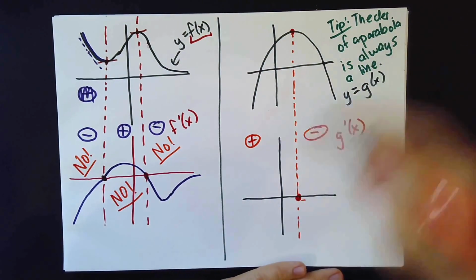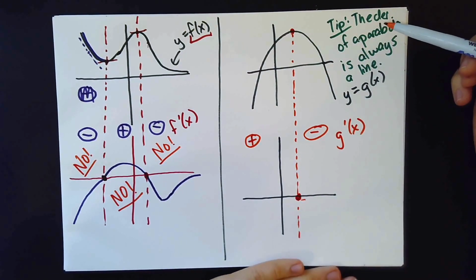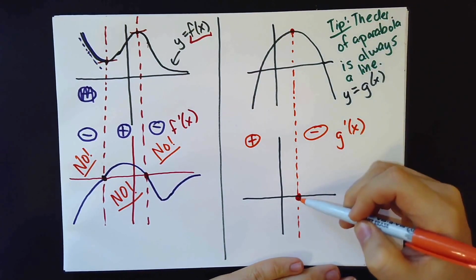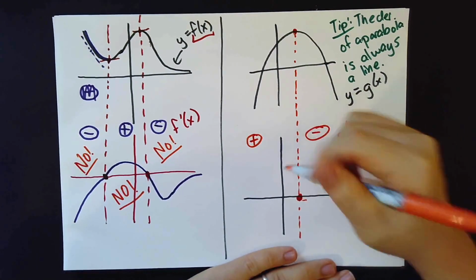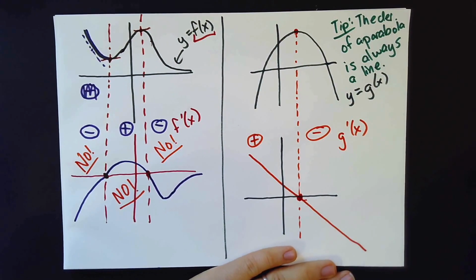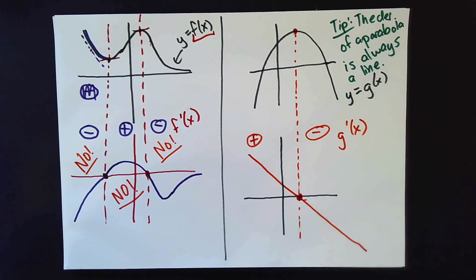Now, actually, with the tip, because if I'm looking at a parabola, the answer is always going to be a line, I basically don't have any more choices. I have to draw a line that is positive here and negative here. It's got to end up looking something like this, because it has to pass through this point. And then, ta-da, that's my graph of g prime.